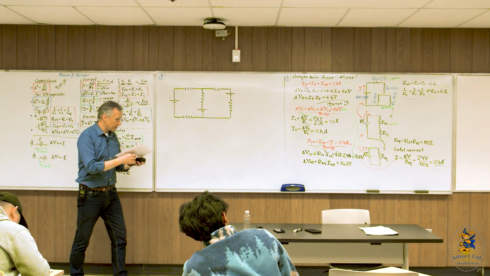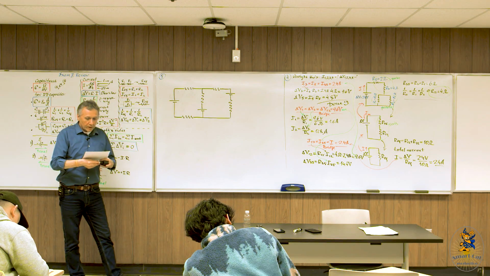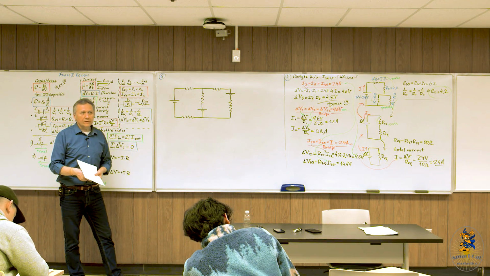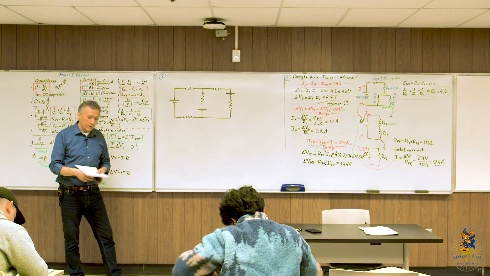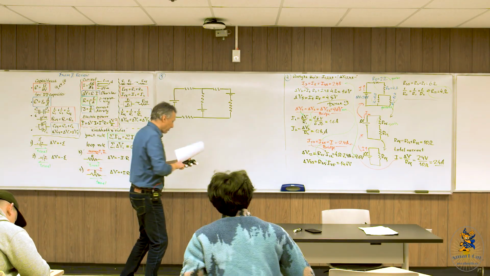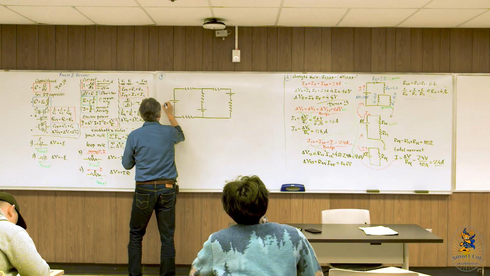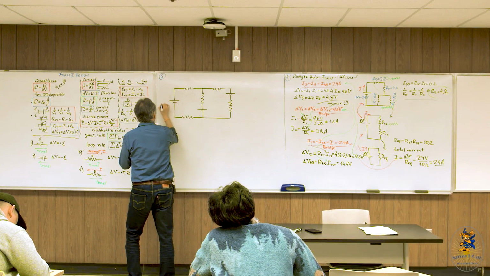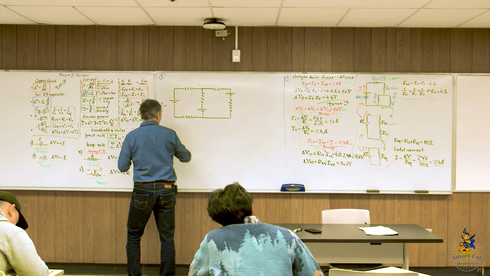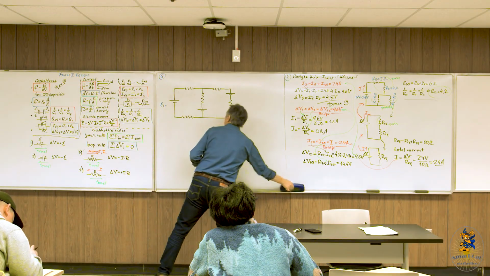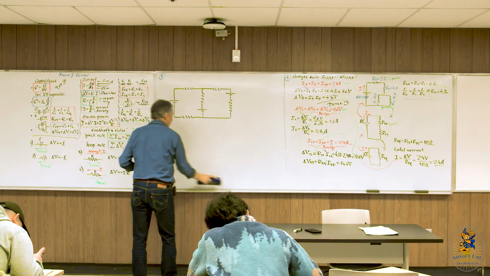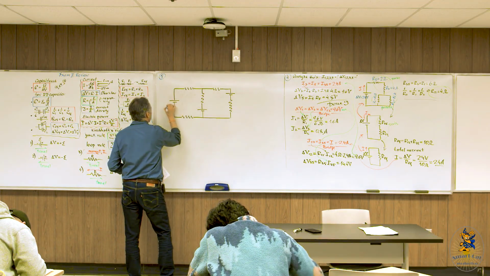So now let me label. And most of the time I don't even give numbers, just write it in symbols, just in equations. Right? In this case, there are numbers. So EMF 1. You know what? No, I will write numbers separately. I will just use the symbols on this circuit.